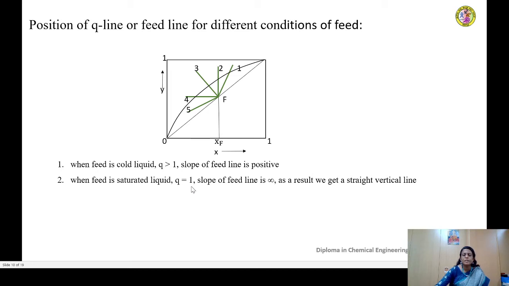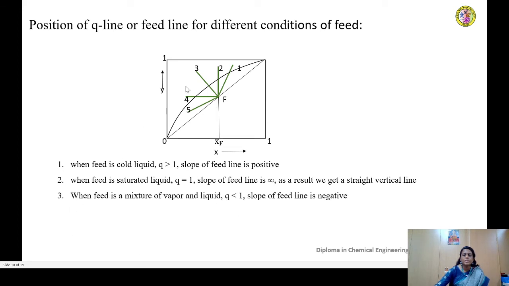So when Q value is equal to 1, what is the slope of the feed line? It is Q divided by Q minus 1. So 1 divided by 1 minus 1 is 0, and 1 by 0 is infinity. So the slope of the feed line will be infinity, and due to this, the Q line will be a straight vertical line as shown by the line 2.